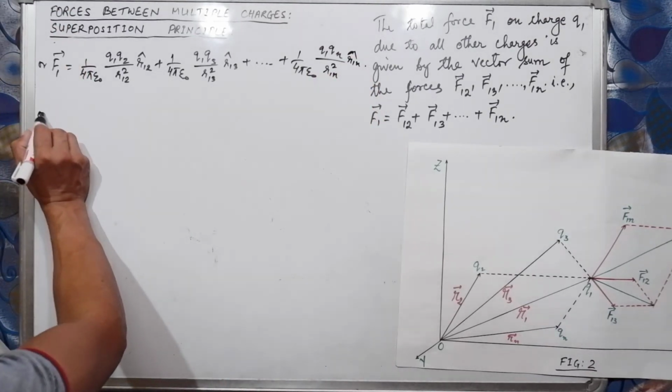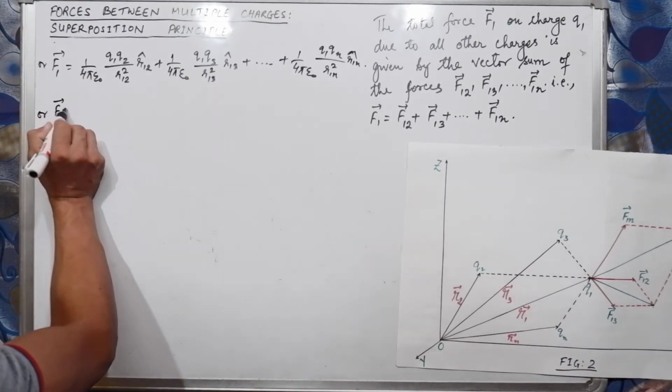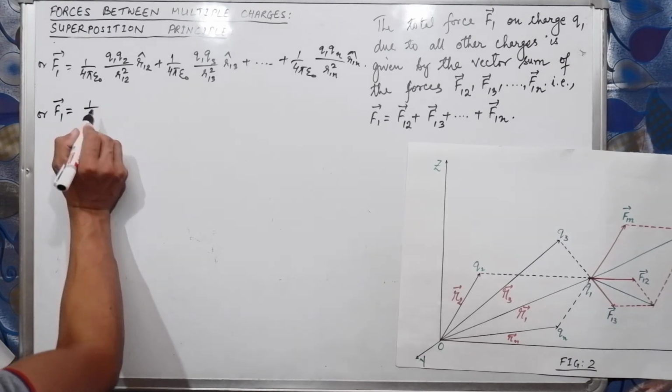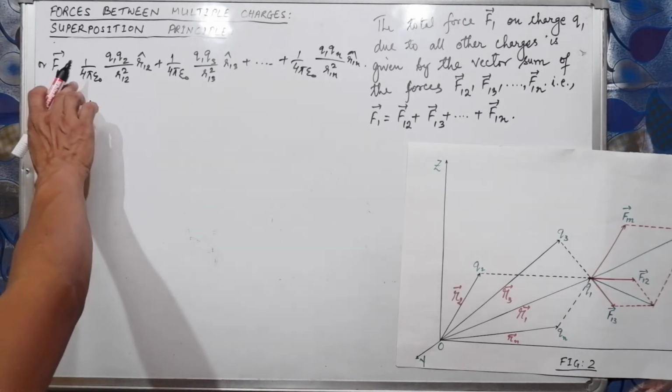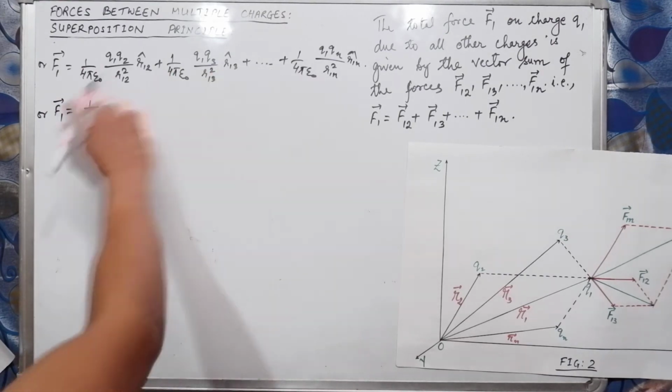Here we have seen that the factor 1 by 4 pi epsilon naught is present in all the terms, so we will take it common.